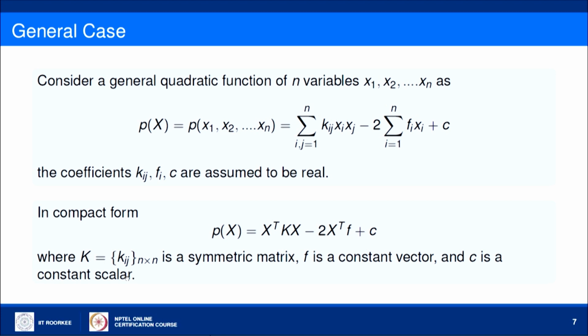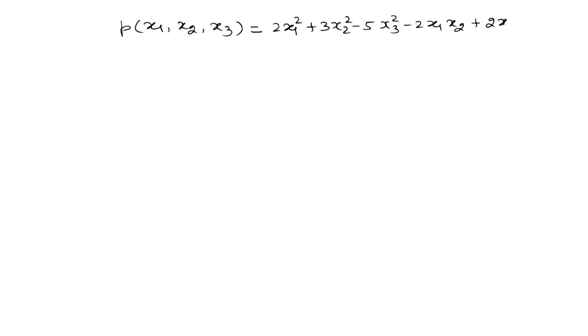For example, if you have a general quadratic form of 3 variables, let us say 2x1 square plus 3x2 square minus 5x3 square minus 2x1x2 plus 2 times x2 plus 3.